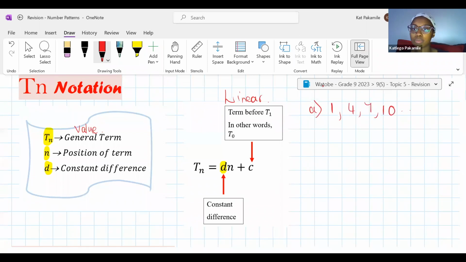And B, I have 1, 4, 9, 16, and so on. Which one of those two is a linear number pattern? Tell me in the chat. Is it A or is it B?